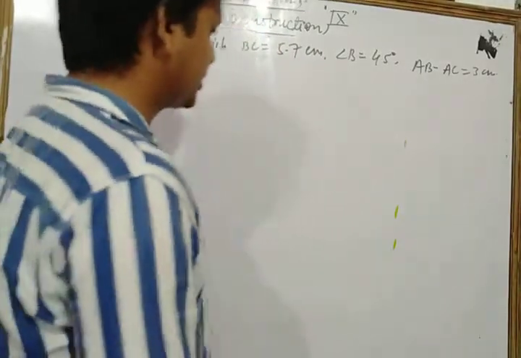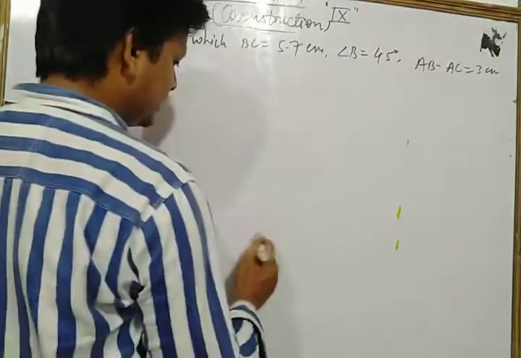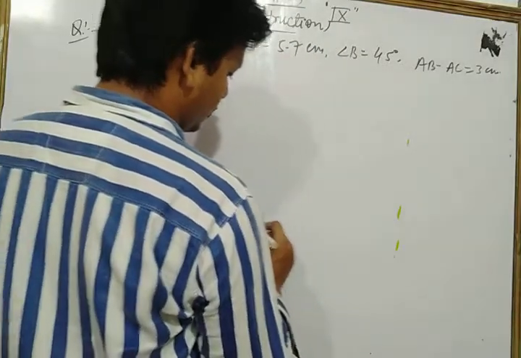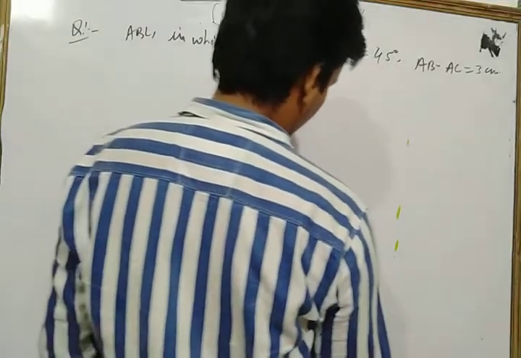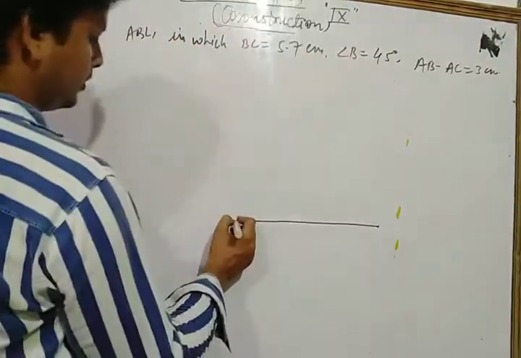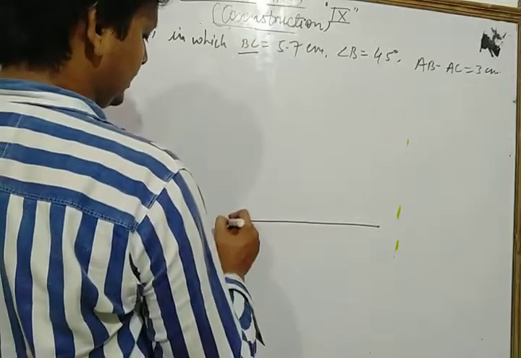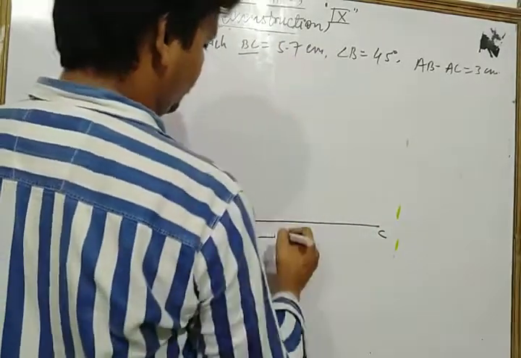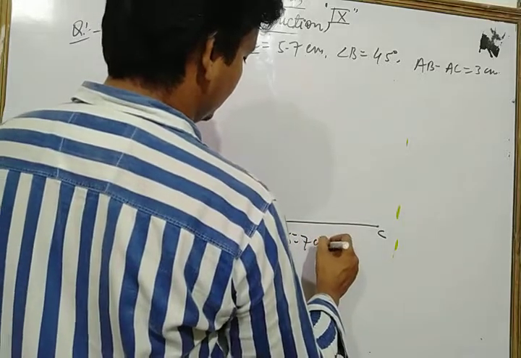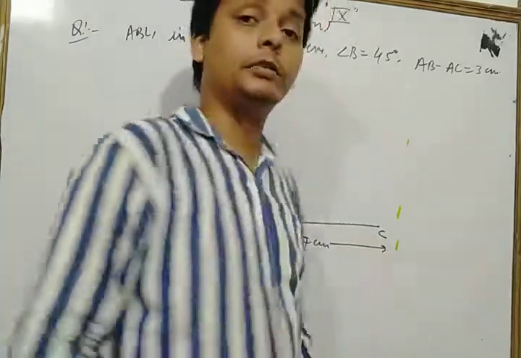So in the first step, we draw the line segment base BC equal to 5.7 centimeter.